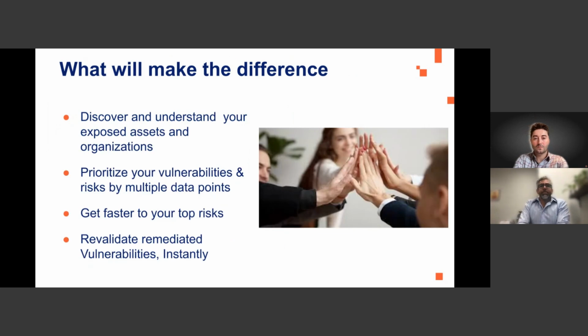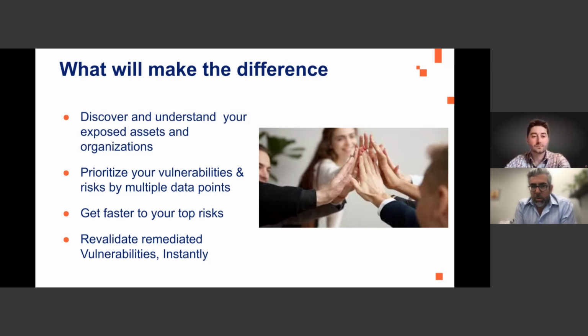So what will make the difference? Discover and understand your assets and your organization. The visibility is a critical factor. And of course, set the owner for each of those organizations and assets. Prioritize your vulnerability and risk by multiple data points and multiple factors.